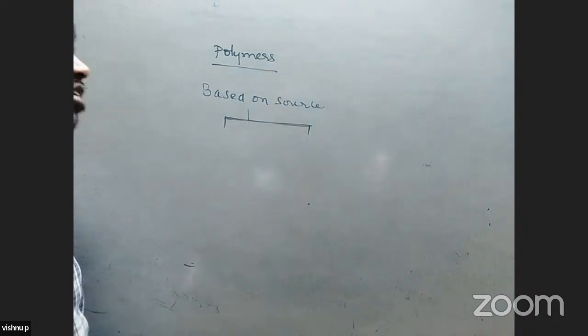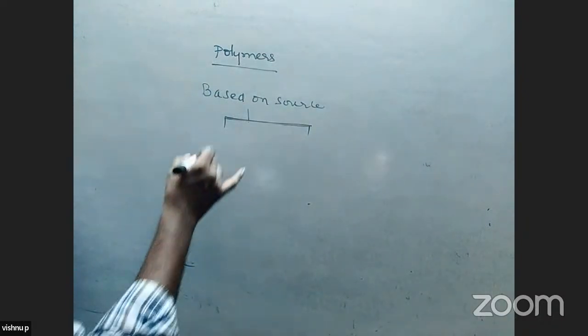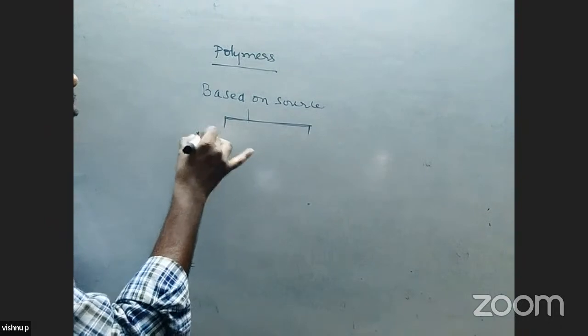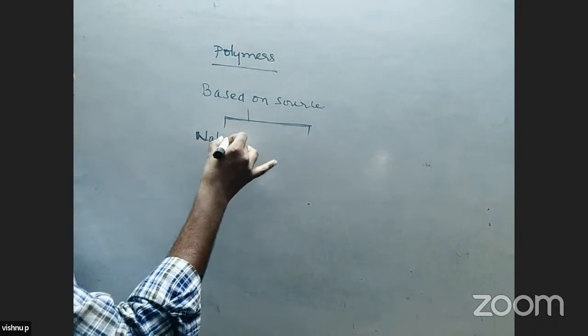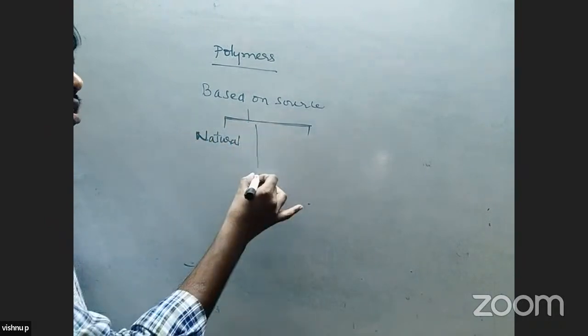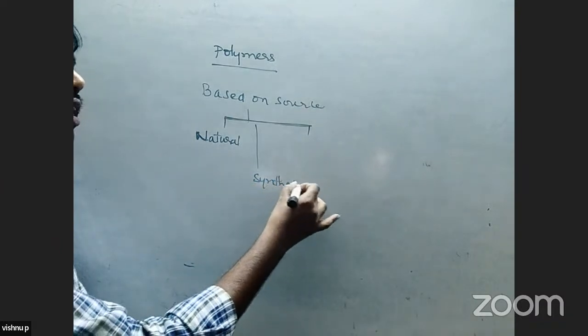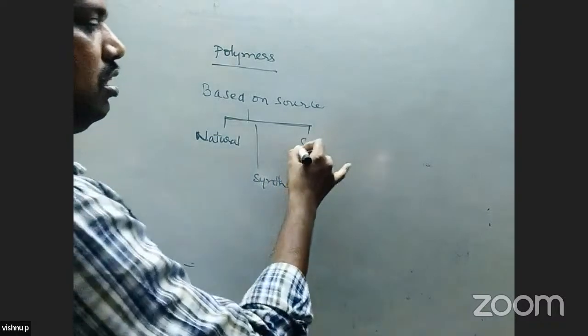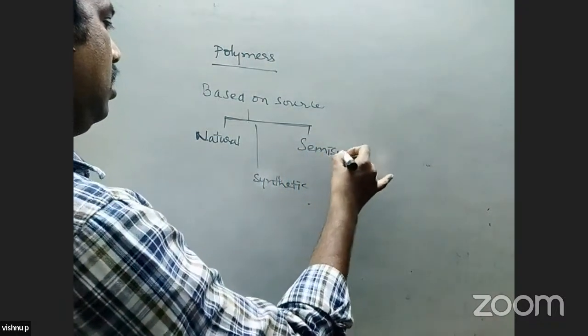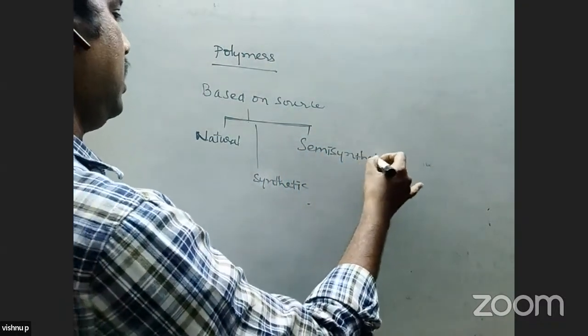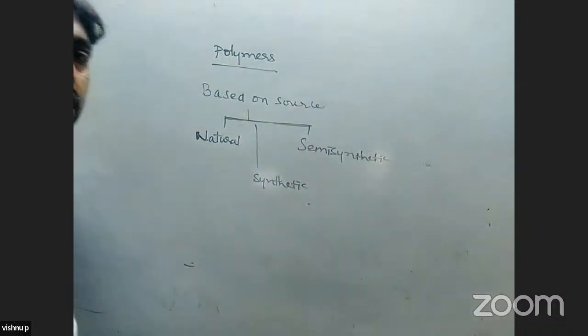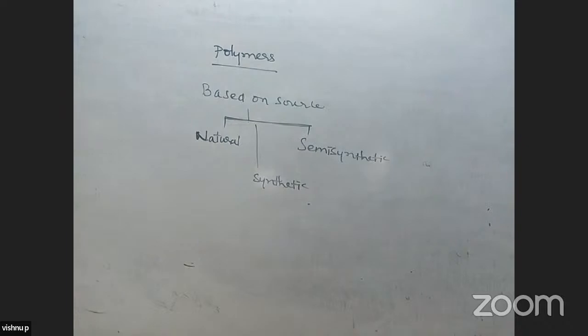Based on source, polymers are divided into 3 types: natural polymers, synthetic polymers, and the third one is called semi-synthetic polymers.